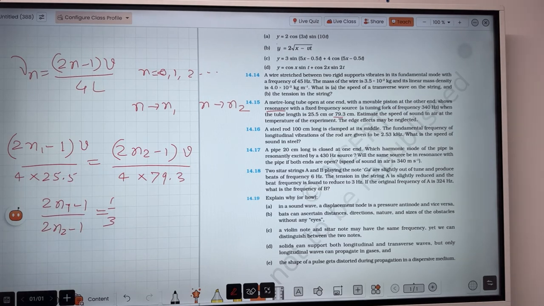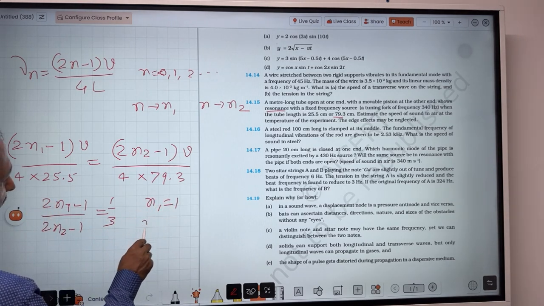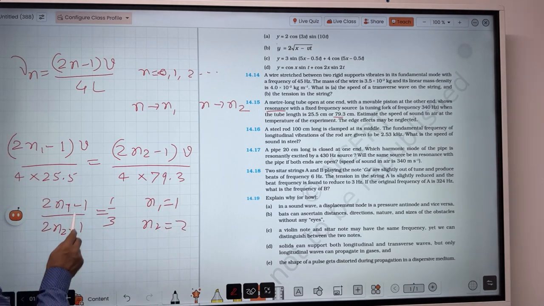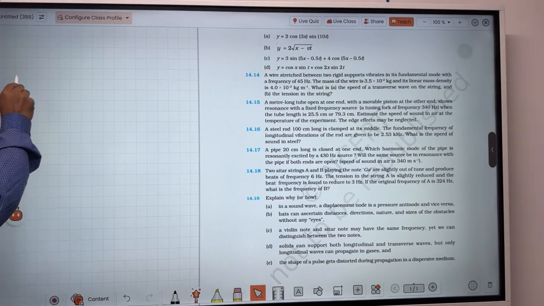So it is possible if n1 equal to 1 and n2 equal to 2. Obviously, if we write n1 equal to 1 and n2 equal to 2, then this will become 1, this will become 3, correct? So we have got the relation. Now further, we can check the next step.